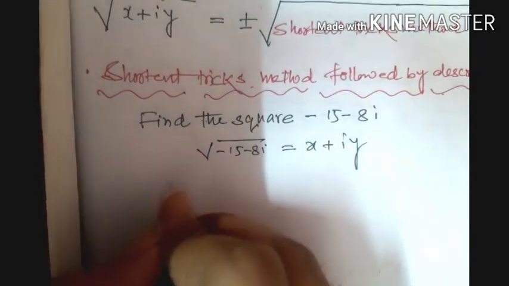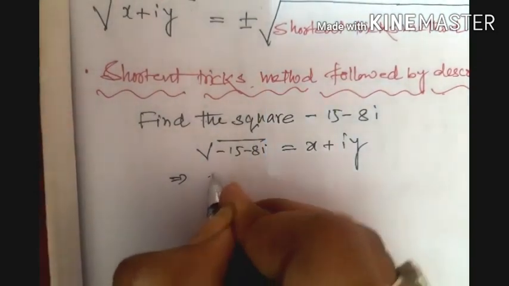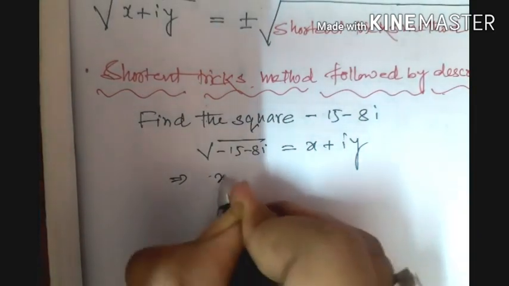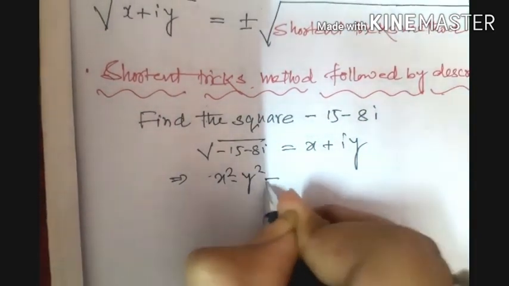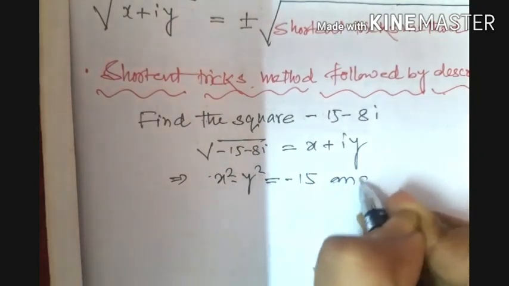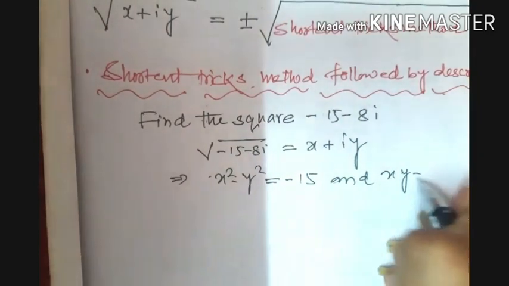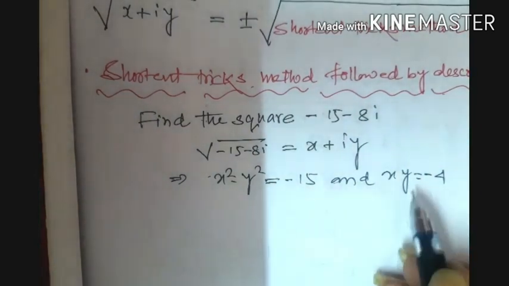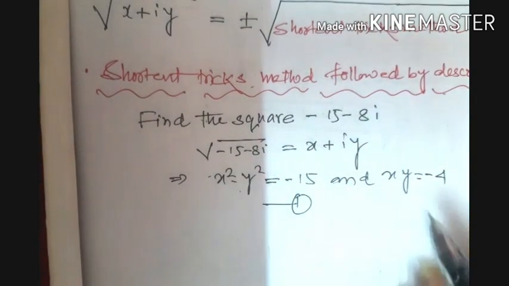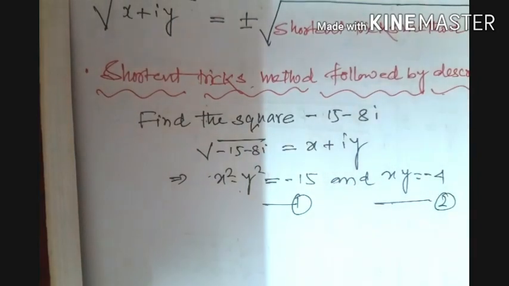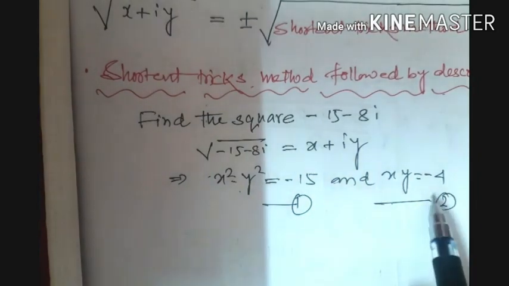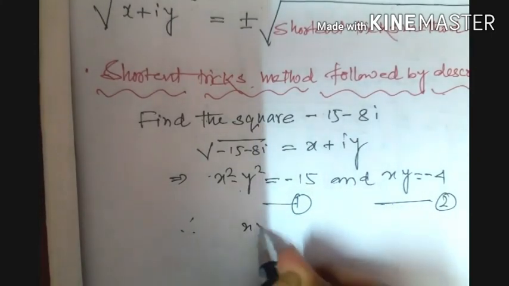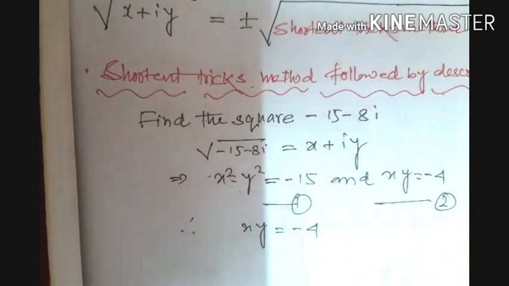If we take the square on both sides, I am writing directly because you had already seen in the first method how to get it. So x square minus y square equal to minus 15 and xy equal to minus 4. That's it. Now the main part of this method will start by using equation 2, that is xy equal to minus 4.